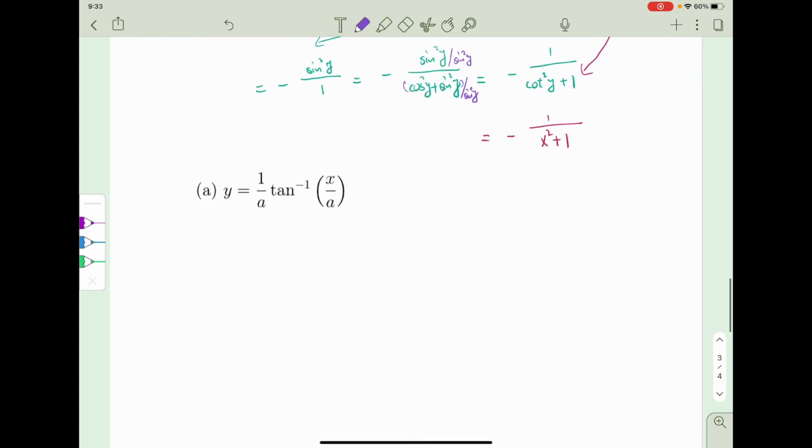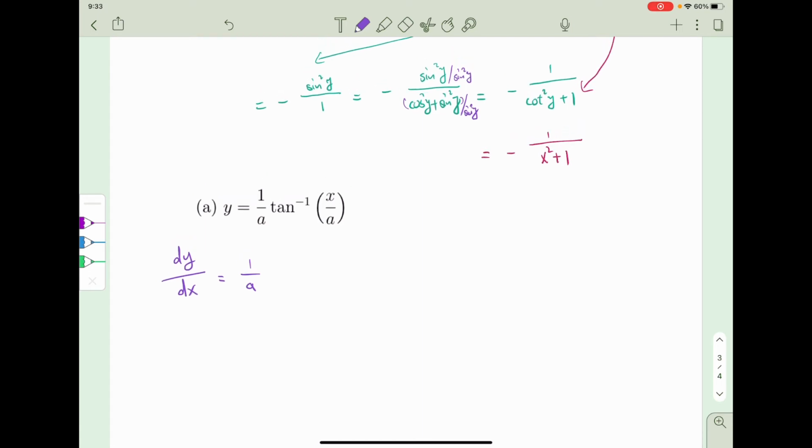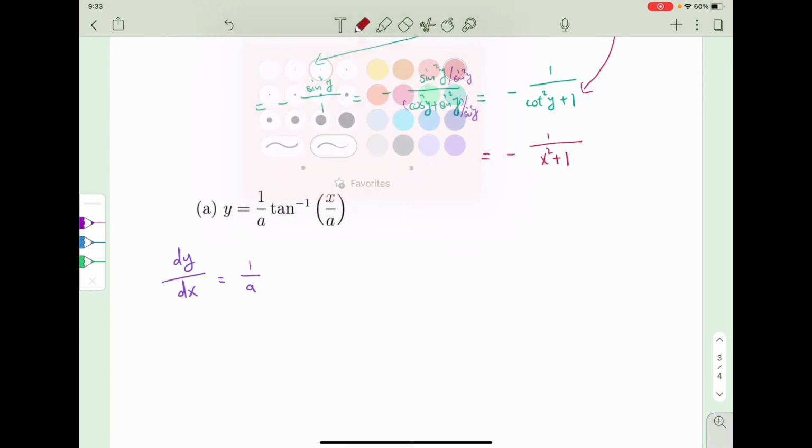So for dy over dx, you factor out this constant, and it becomes the derivative of the tangent inverse. For the tangent inverse, you look up the formula, which I will remind you here. The derivative of this. Let me remind you here.